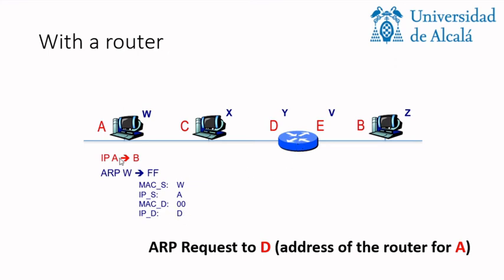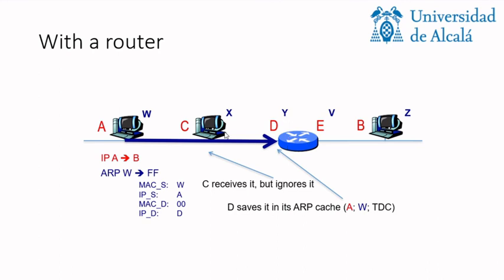A realized that B belongs to another network, so instead of asking for B, it asks for the gateway, which is D. So in this case, the ARP request will reach the router. Once again, C will see it, but will ignore it.